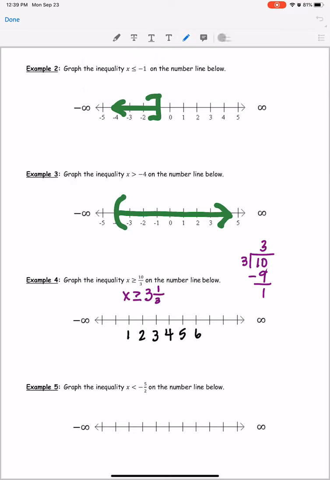It doesn't have to be perfect, but it means it's pointing this way. So my graph is pointing the same way this looks like. This line under it means that this is going to be a bracket. Okay, but you've got to convert that to a mixed number so you know what two numbers it's between on your number line. Same thing here.